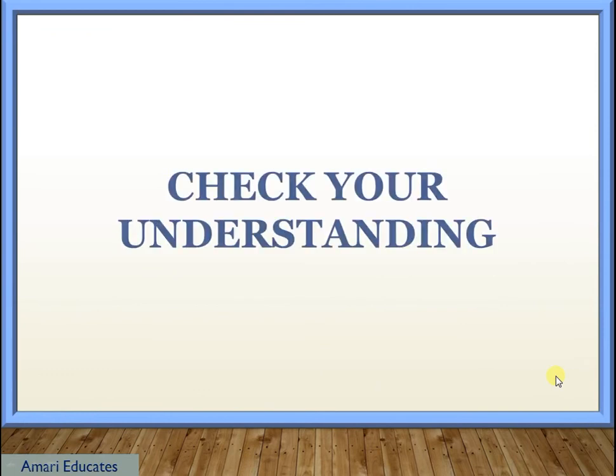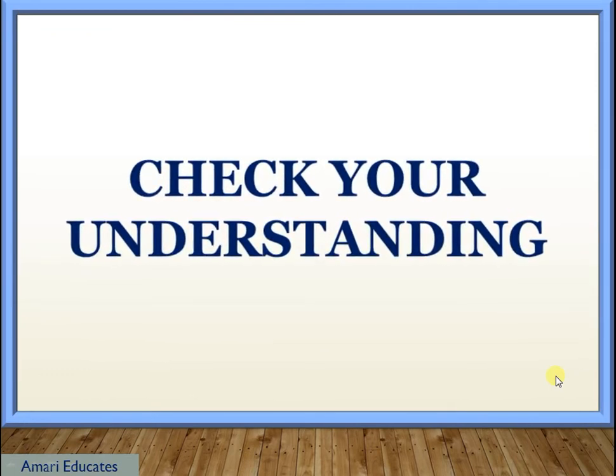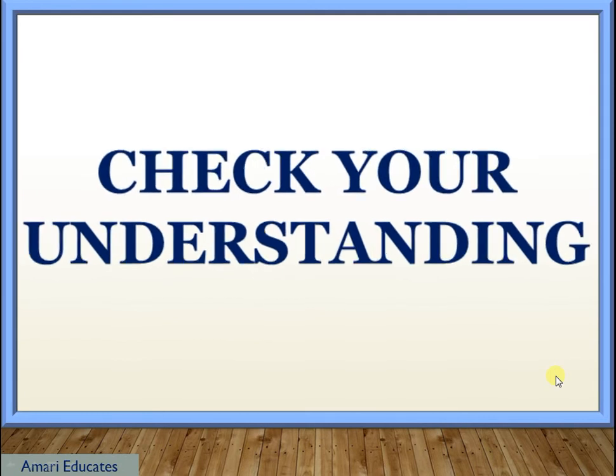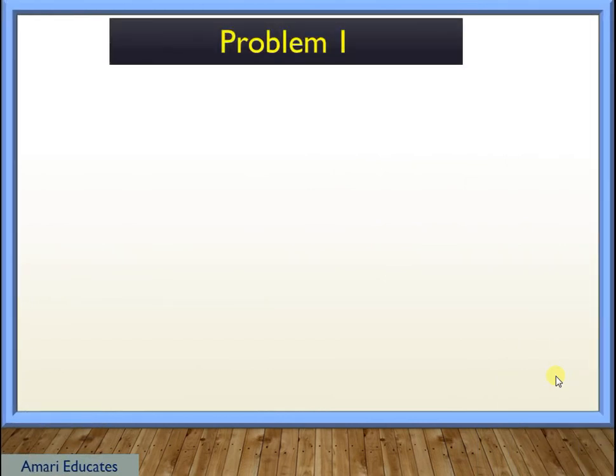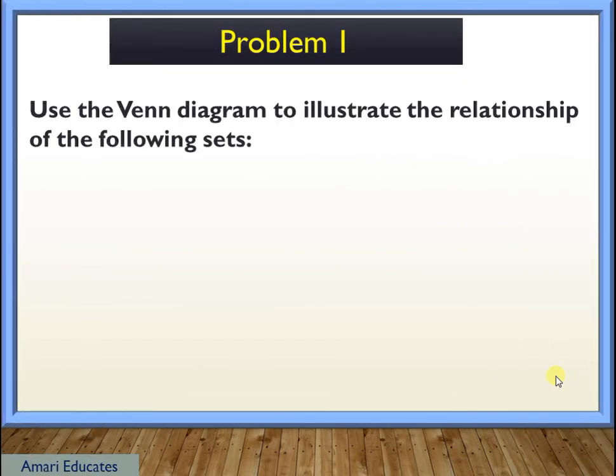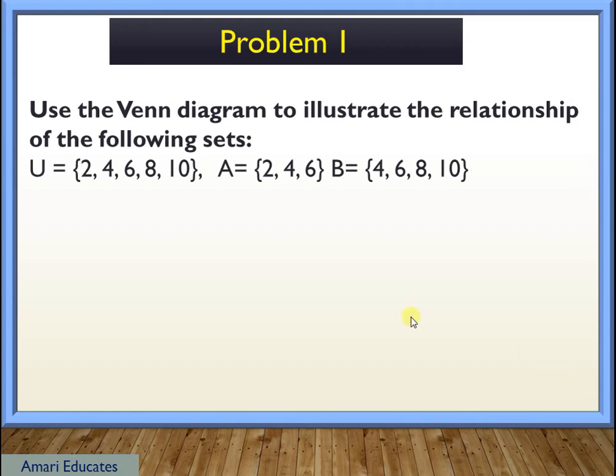So all is already set. This time we're going to check if you understood the lesson. What we're going to do now is check the following questions. Okay? Problem number 1. Use the Venn diagram to illustrate the relationship of the following sets. The universal set contains 2, 4, 6, 8, 10, and A contains 2, 4, 6, and B is 4, 6, 8, and 10.